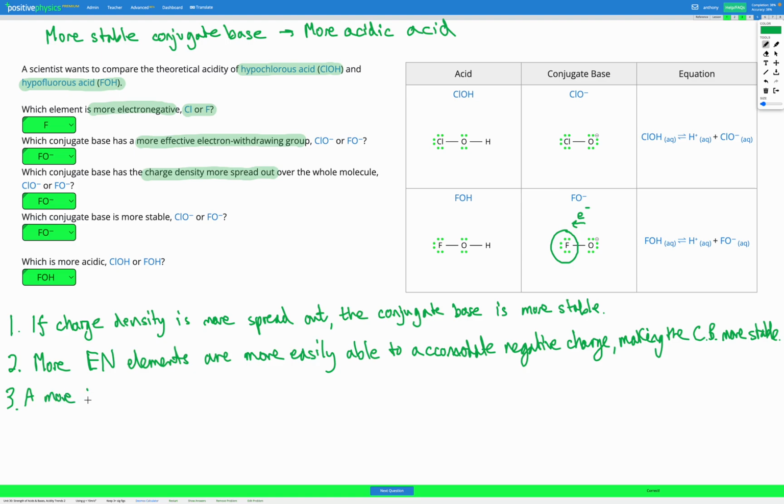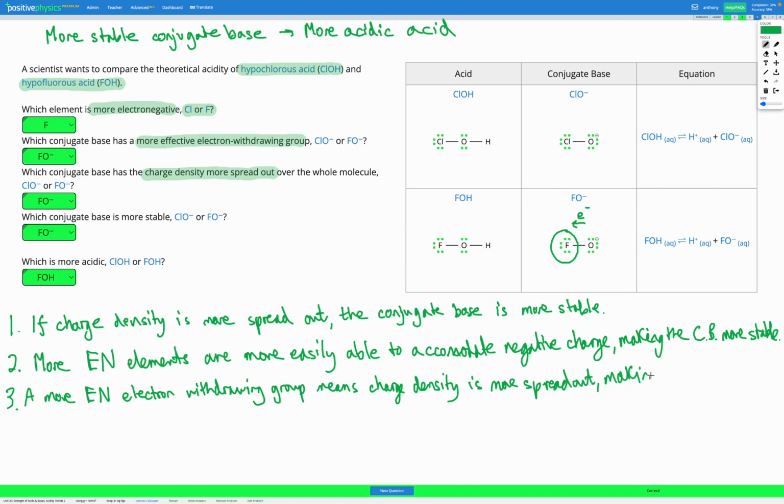A more electronegative electron withdrawing group means charge density is more spread out, which makes the conjugate base more stable.